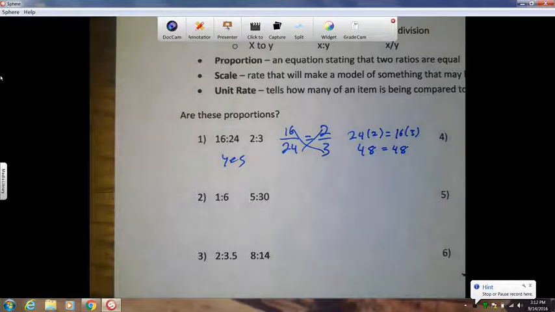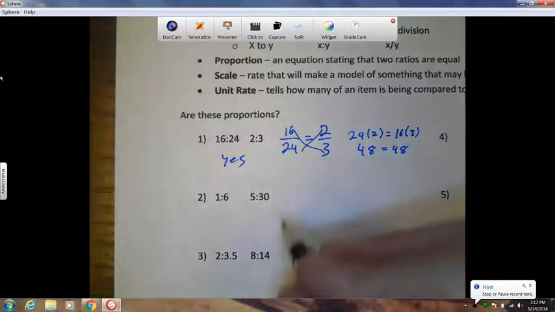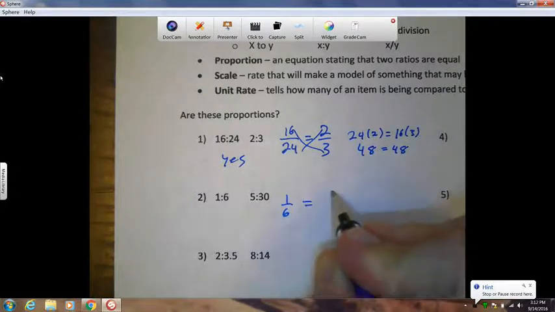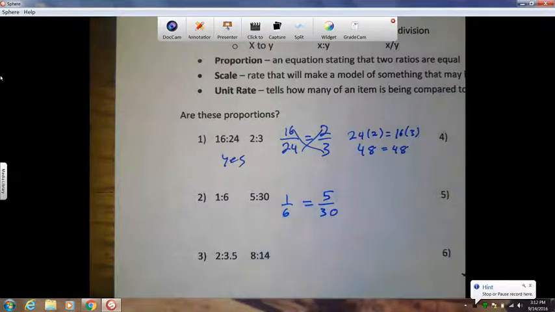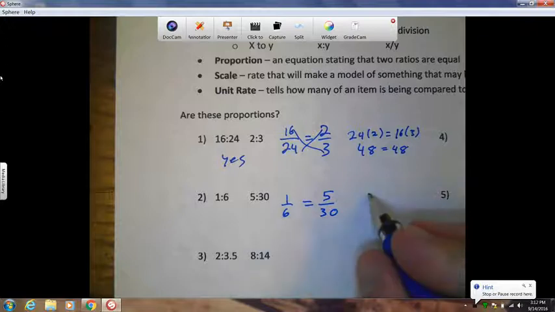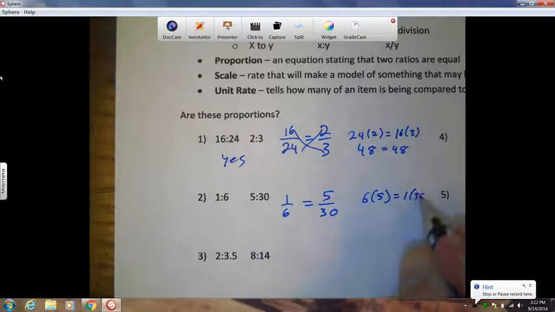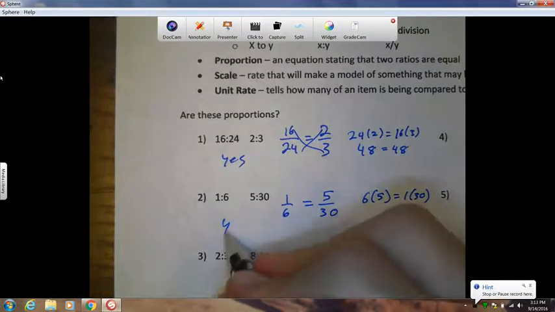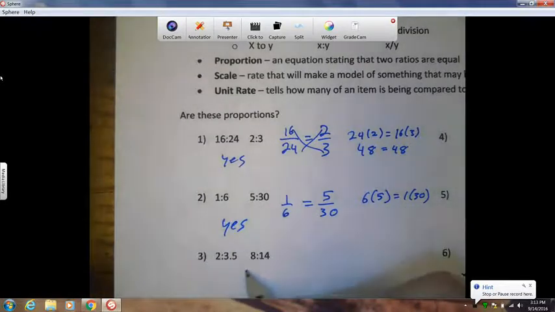Sometimes it's easy to tell when you write it. So 1 over 6, does that equal 5 over 30? So does 6 times 5 equal 1 times 30? Yes, so I have a proportion. The next one is a little more difficult.